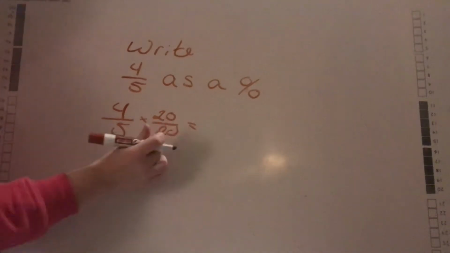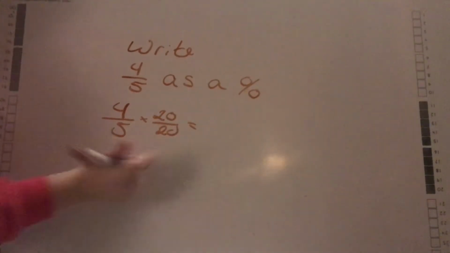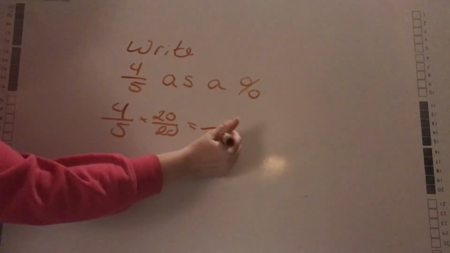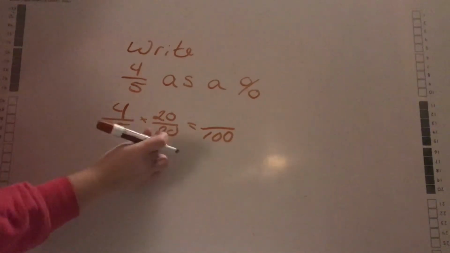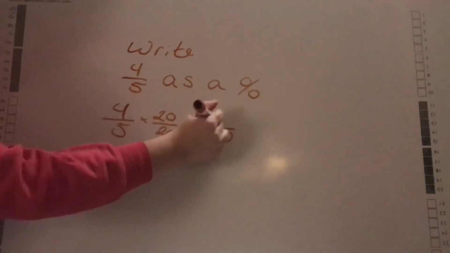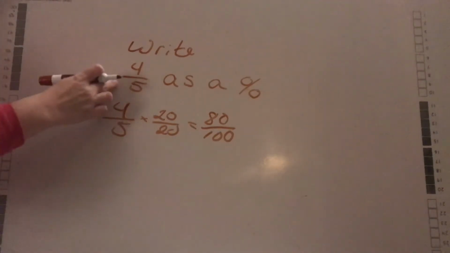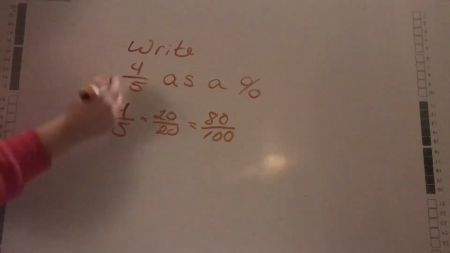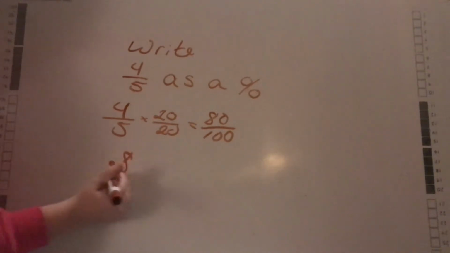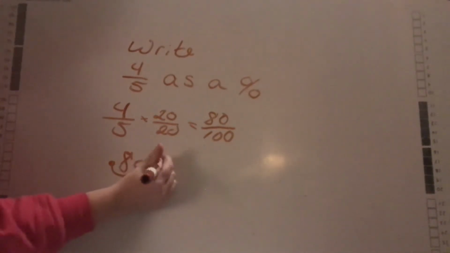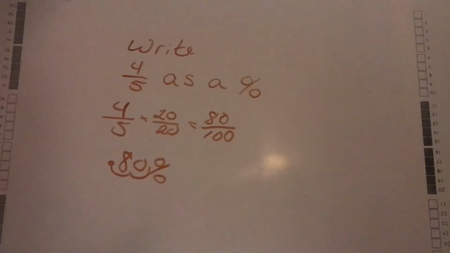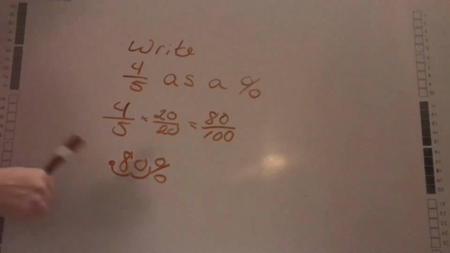Just like I said, when you know that 5 goes into 100 20 times, you can use that trick. So 5 times 20 is 100. 4 times 20 is 80. So it's going to be 80%. You could also work this into a decimal, which we already know is 0.8, and then move your decimal over 2 spots and get 80%.